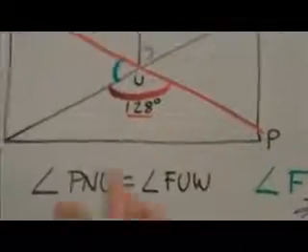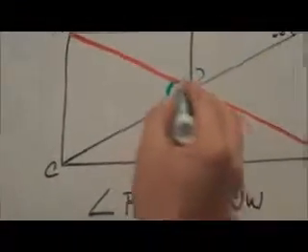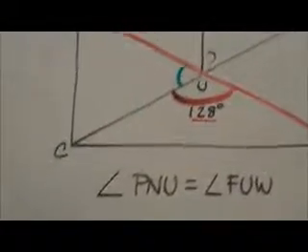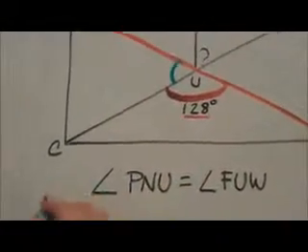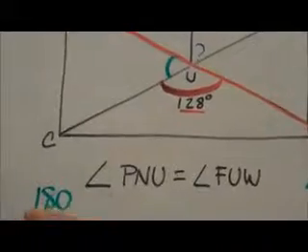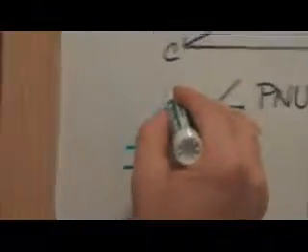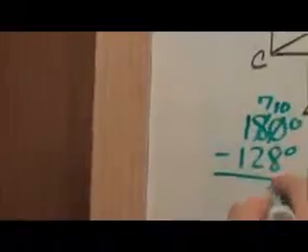If I look on my opposite side, I know that this is going to be 180 coming across. Even though it's upside down, I can take 180 degrees and subtract my 128 degrees that I already know for this. I'm going to do my quick subtracting.